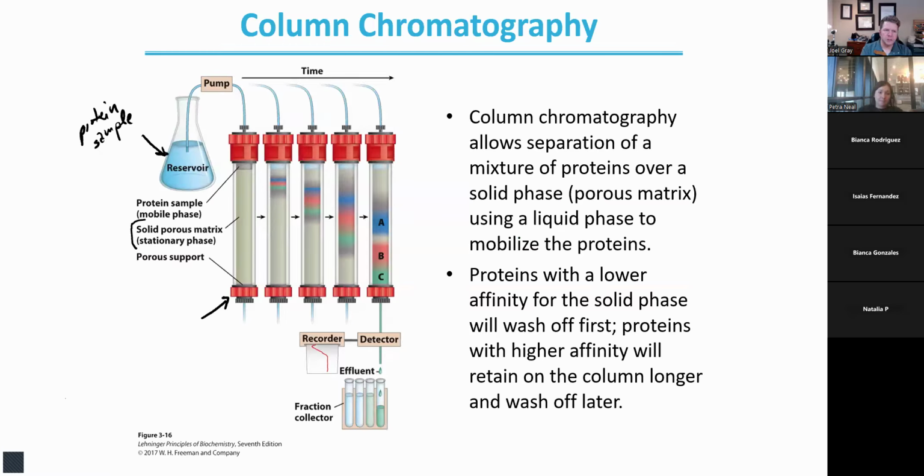There is this solid porous matrix that's a bunch of insoluble sugars, and those insoluble sugars have been modified in some form or fashion. As your proteins migrate through this column, they're going to begin to separate based on their affinity for that column.